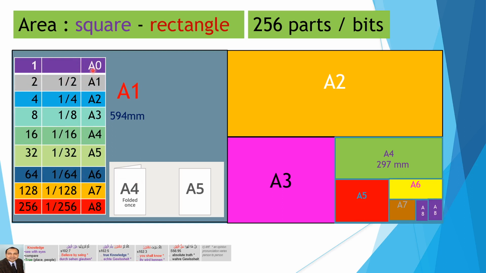So A0 till A8, once folded 2, then 4, 8, 16, 32, 64, 128, 256 parts. Then in 256 cells you can write information, place data.